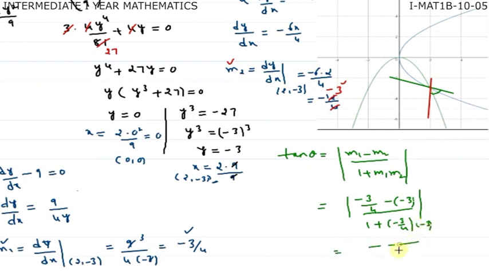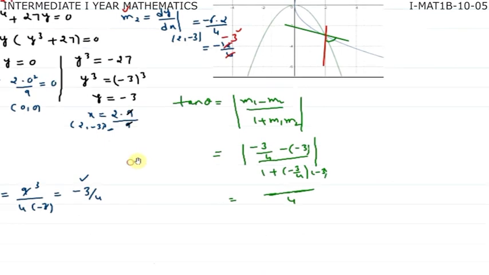The numerator I can take for LCM. So what happens? 4 into 3, 12. 12 minus 3, 9. Divided by, here also I will take for LCM. 4 minus 3 into minus 3 is plus 9.